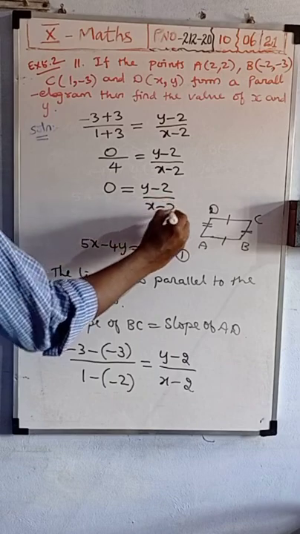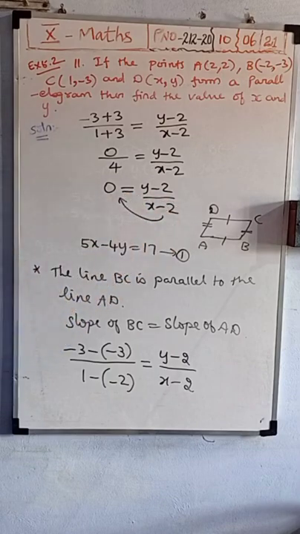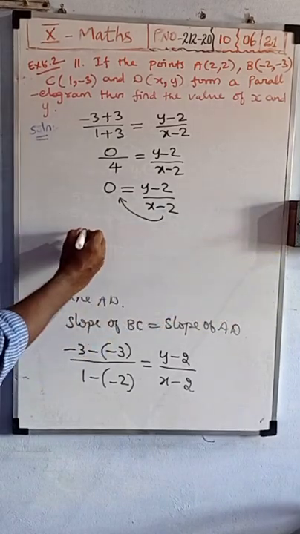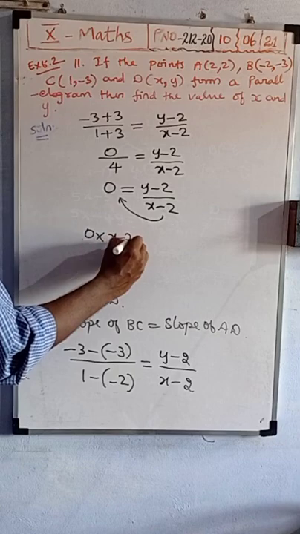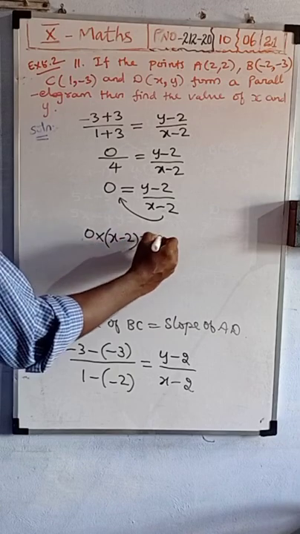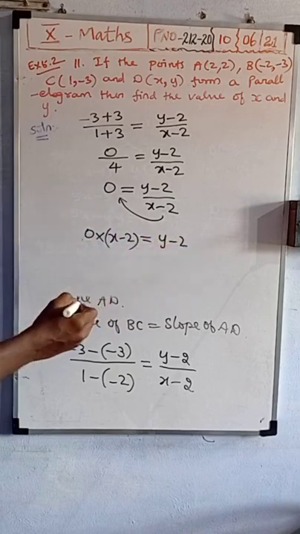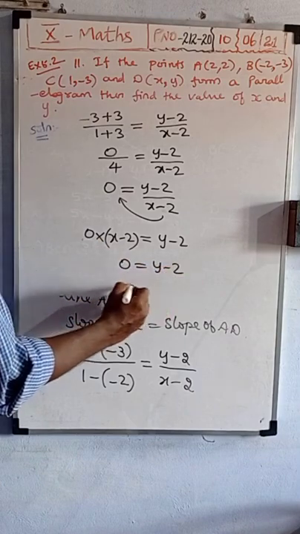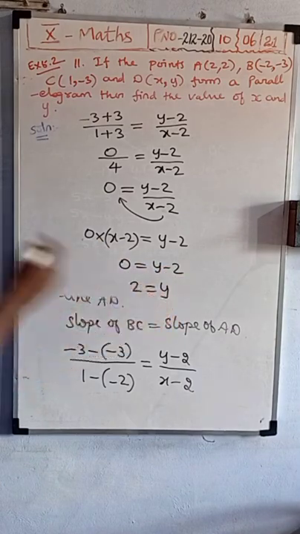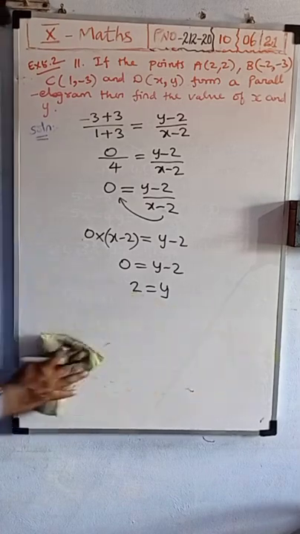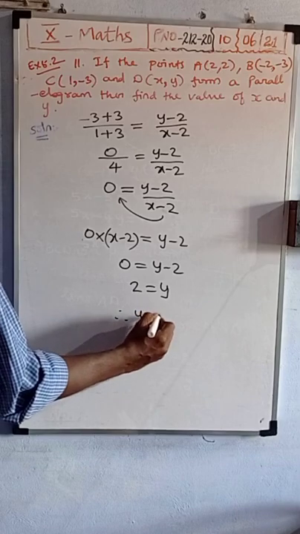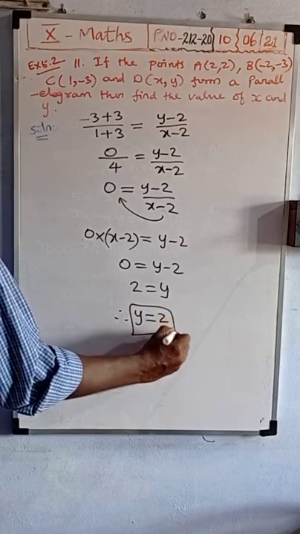Now this x minus 2 division comes to the other side as multiplication. 0 into x minus 2 is equal to y minus 2. Now 0 into anything is 0. So 0 is equal to y minus 2, so minus 2 goes to the other side as plus 2. Therefore we received the y value: y is equal to 2.